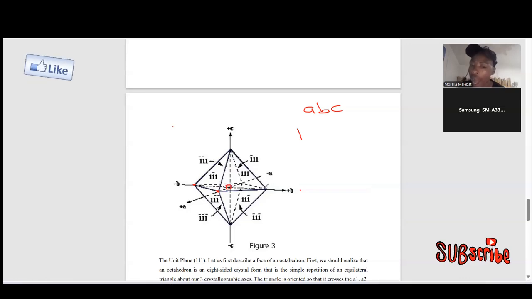This is positive 1, but on the other side it's negative 1, so you put negative because it is on the other side. Then this plane also intersects C at positive 1, so you're fine. Even if you take the reciprocals, it will just be 1 over 1.